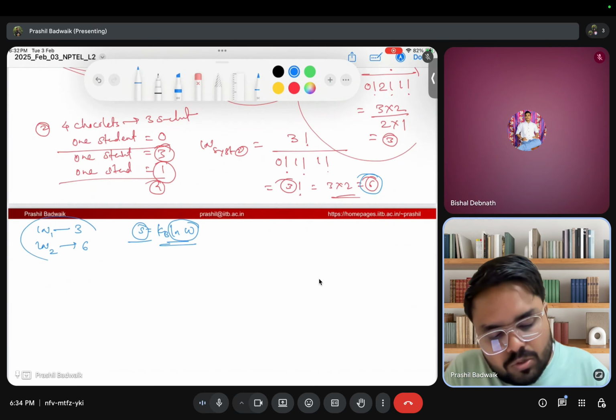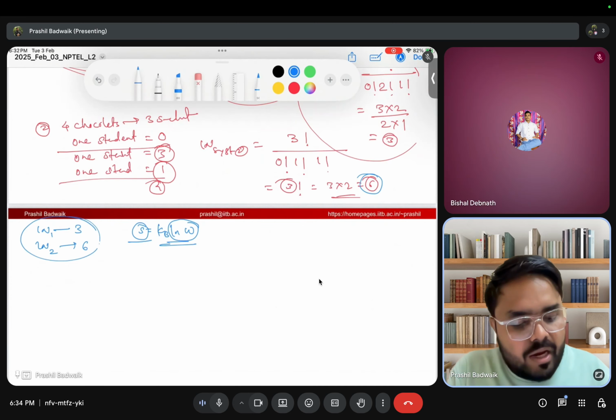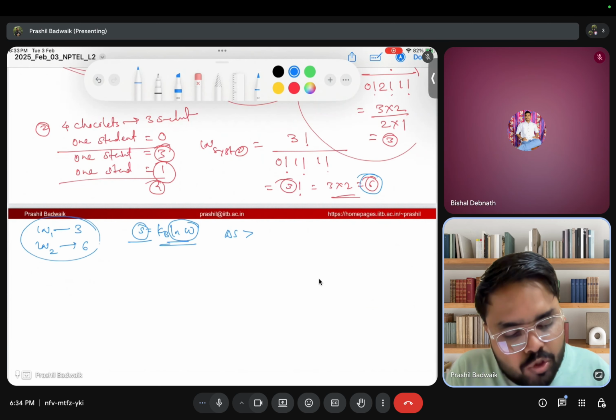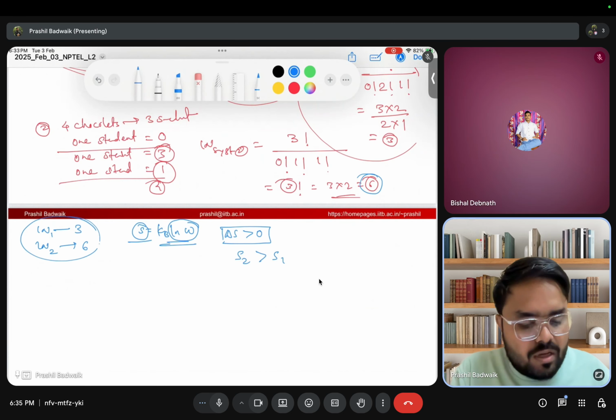If we want a process to happen, the entropy change should be greater than 0. That means S2 should be greater than S1, right?